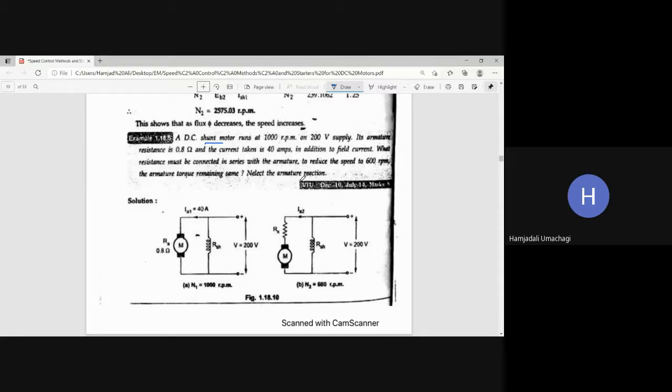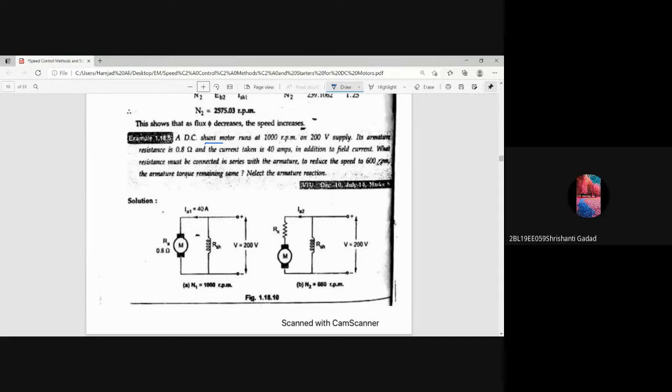In the previous case, we have seen that speed has been increased from 800 to 1000 RPM. For that, we chose the flux control method. But now the speed has to be changed from 1000 RPM, N1, to 600 RPM, N2. In order to do this, which method should we use now? Flux control or armature voltage control method?